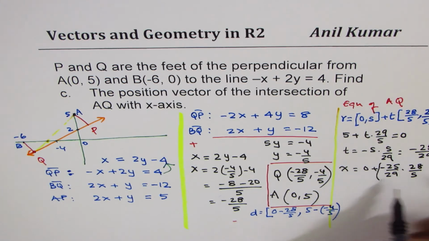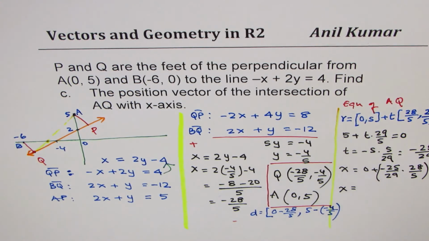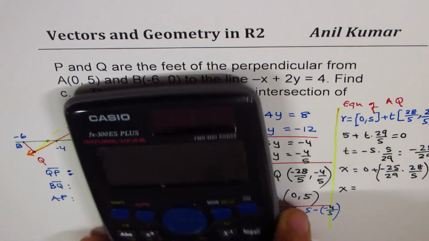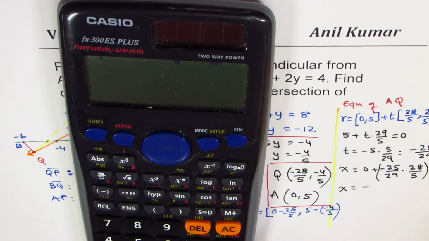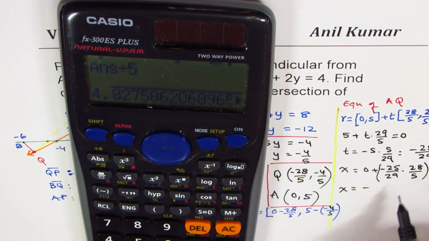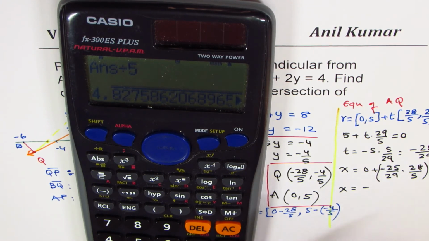You get it, right? So that is what it is. So the x-intercept is equal to, let's do this math. I know it gets multiplied, but we'll just do minus definitely. And we have 25 times 28 divided by 29, and then we'll divide by 5. So, if you want to be exact, I'm sorry, let's do it again.